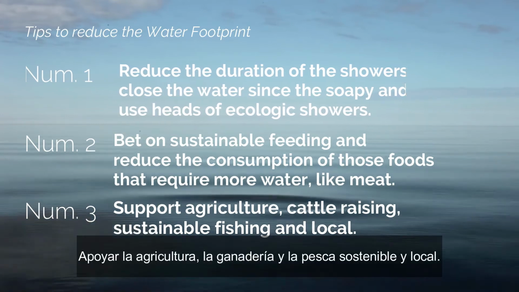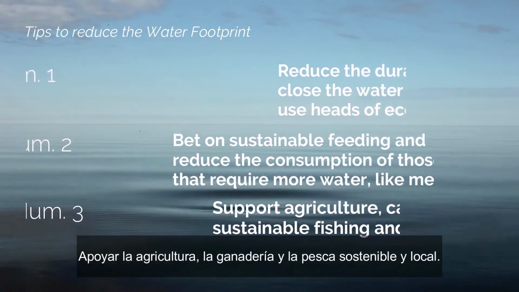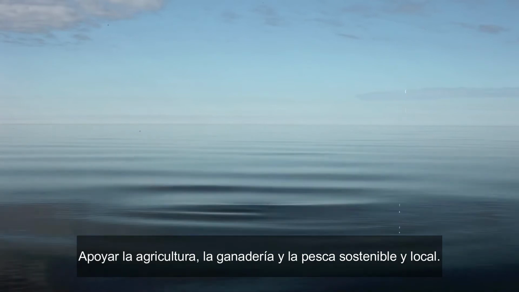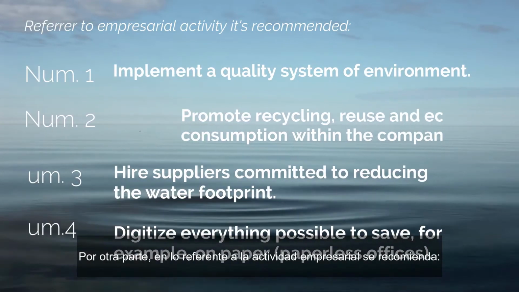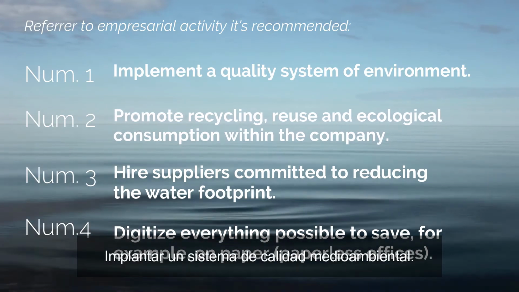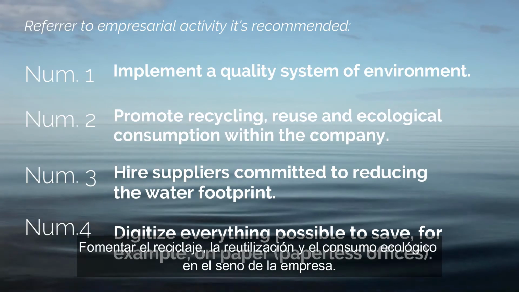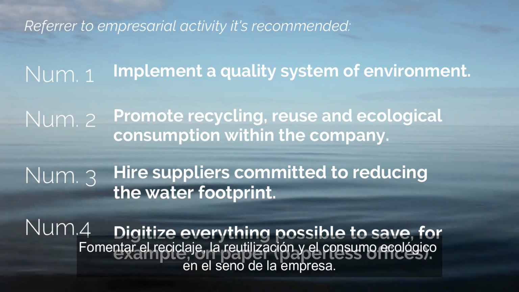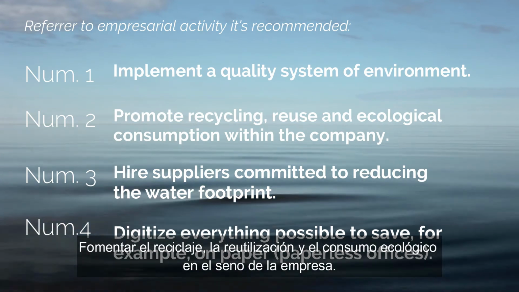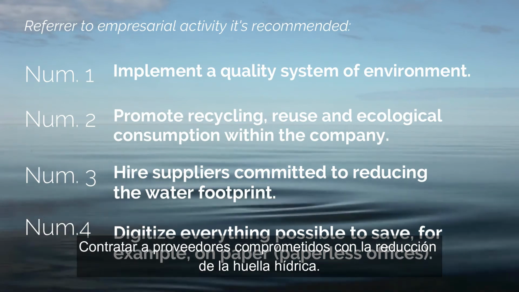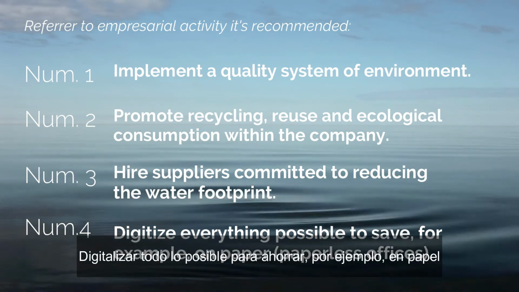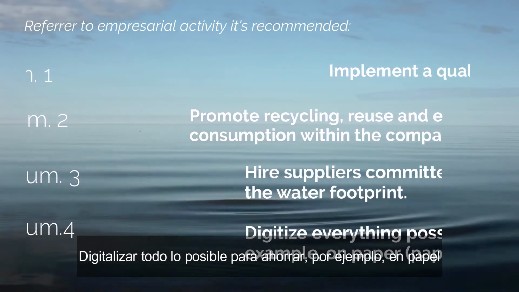Support agriculture, cattle raising, and sustainable and local fishing. On the other hand, in regard to industrial activity, it is recommended to implement a quality system of environment, promote recycling, reusing, and ecological consumption within the company, hire suppliers committed to reducing the water footprint, and digitize everything possible to save, for example, paper.